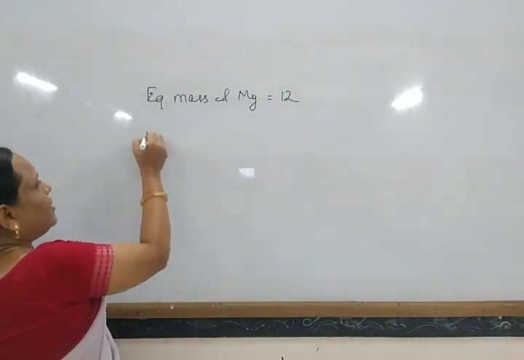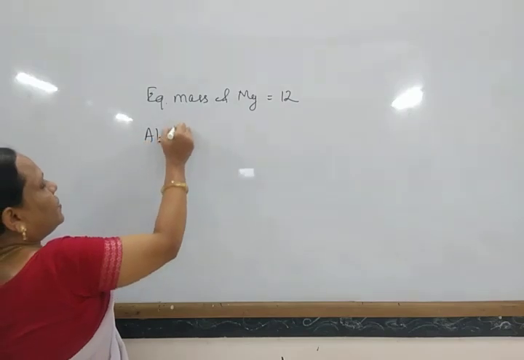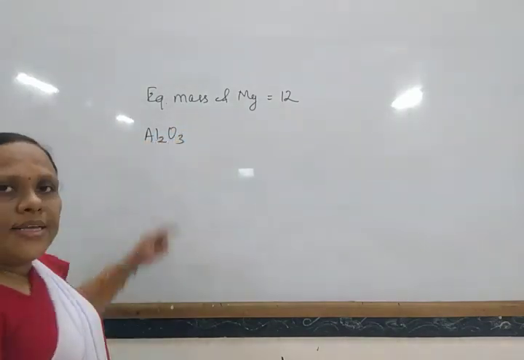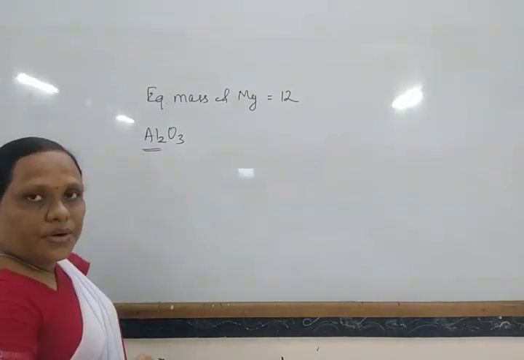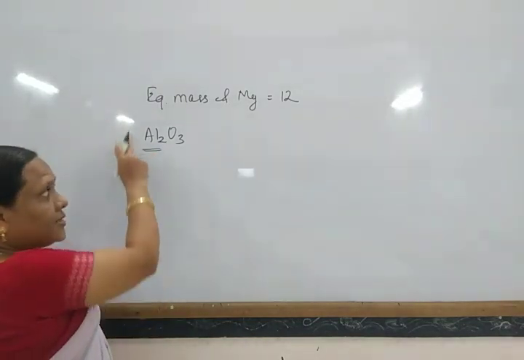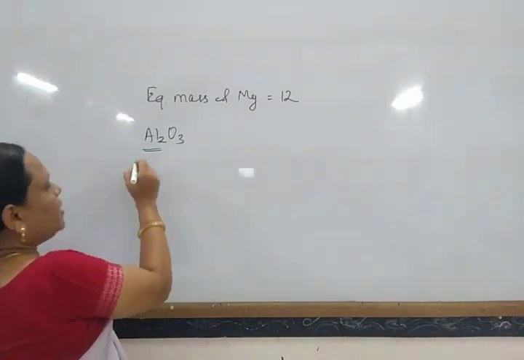Similarly, take Al2O3. In this case, find out the equivalent mass of aluminium. I have given you the atomic mass of aluminium.